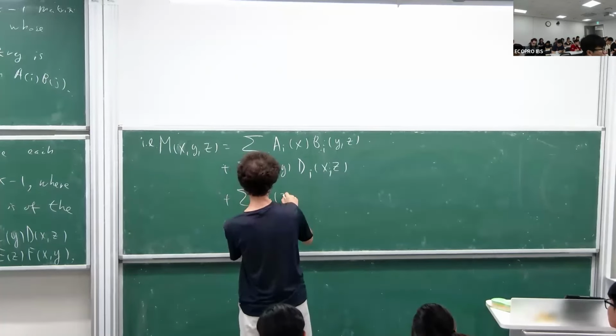And the second condition means that f of x is non-zero for at least that many of the x's.